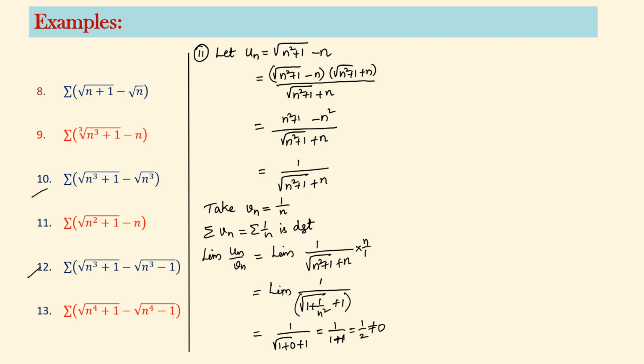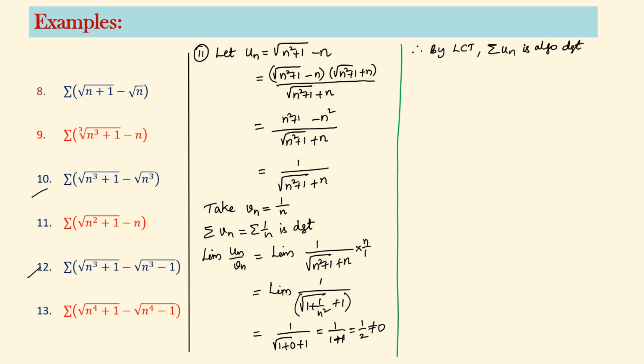Therefore, both behave alike. Therefore, by limit comparison test, summation un is also divergent.